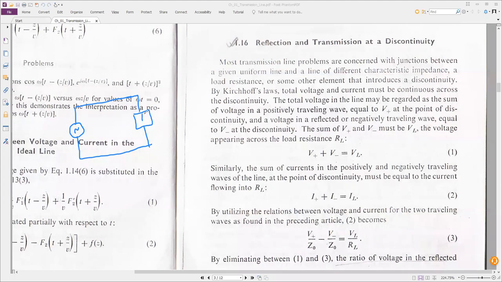Okay, that is the load. This is the transmission line. Okay, input, that is the source. This is the source.